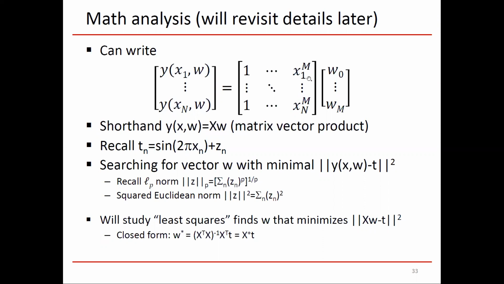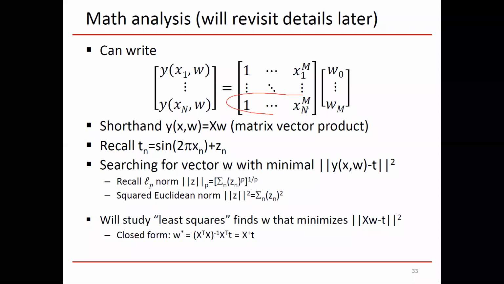In row number 2, we have powers of x2, from 0 up to m, so 1, x2, x2 squared, up to x2 to the power of m. And finally, in the last row, we have powers of xn. In general, this matrix has n rows and m plus 1 columns.